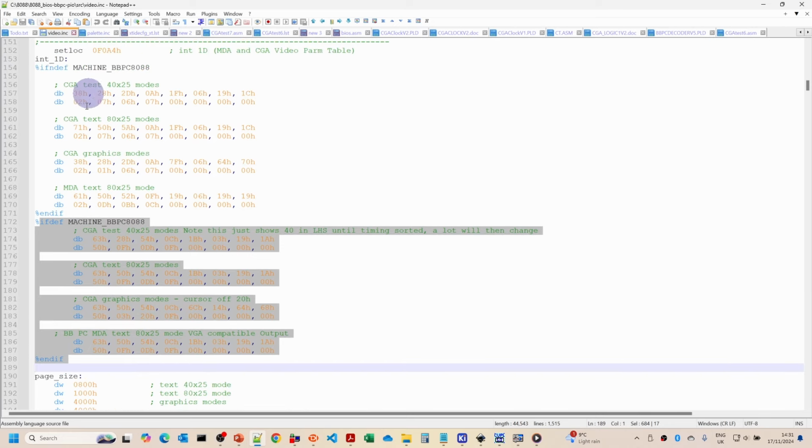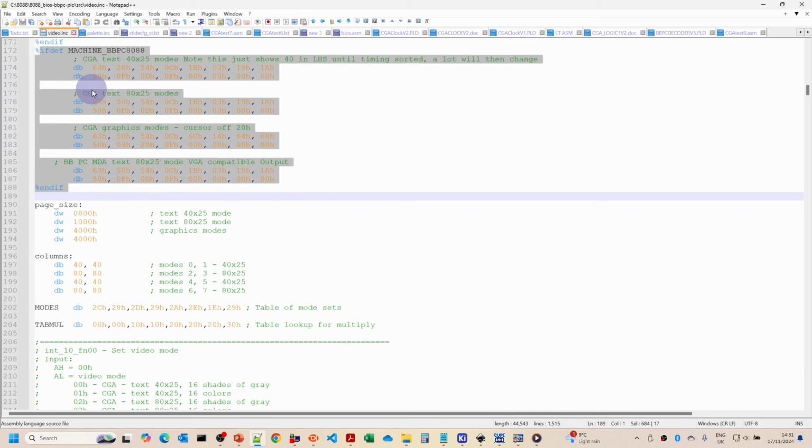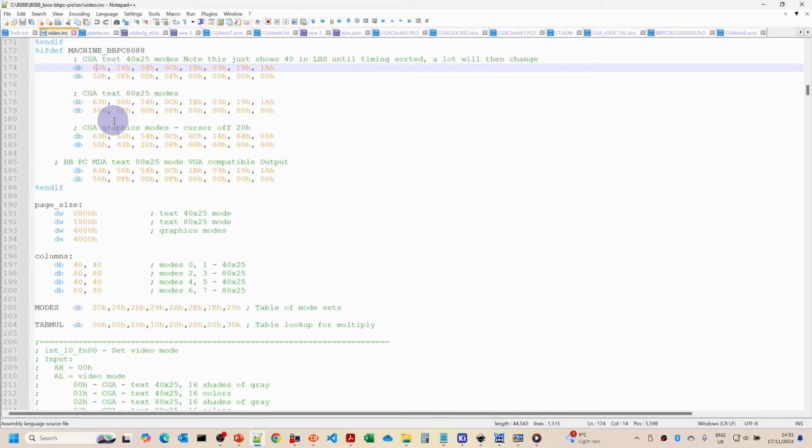Previously we just had an MDA, but now I've added CGA for all of these. Now these timings, although it says CGA, are actually the VGA timing. This means that this output will work with modern VGA compatible monitors and video capture cards, whereas CGA is still a little bit difficult to use.